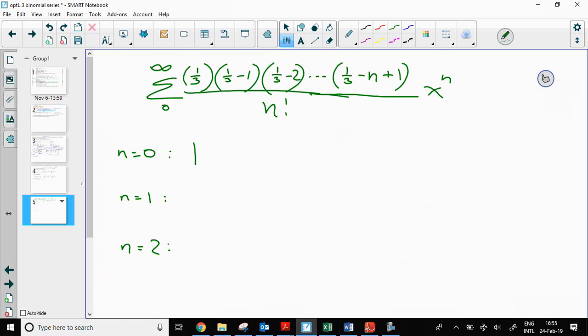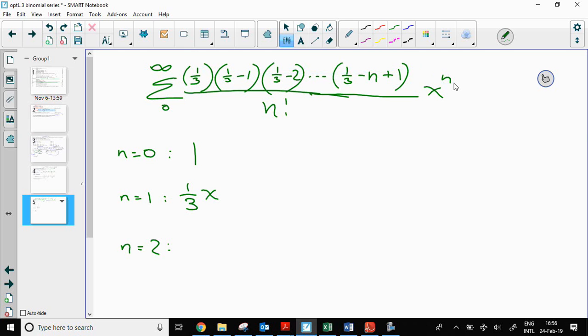So here, when n is 1, we're going to have only that first factor. So this is going to be 1/3 times x to the power of 1 divided by 1 factorial. That's just 1/3 of x.